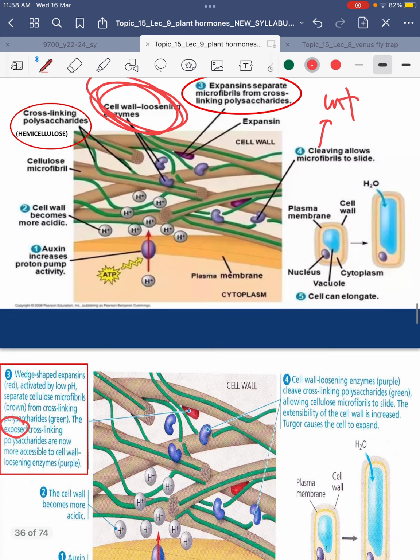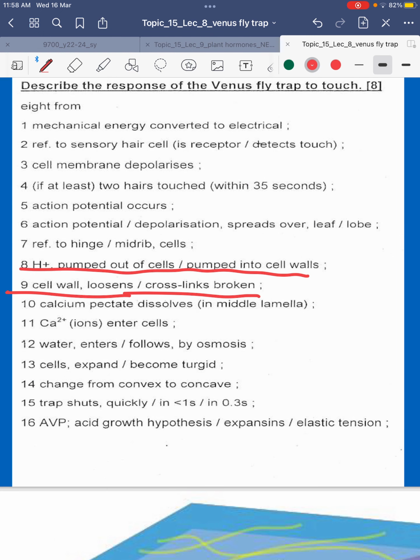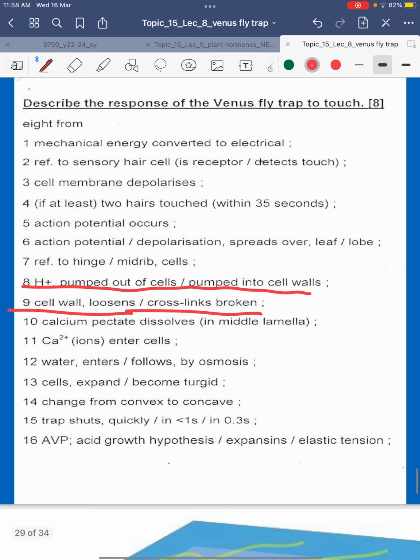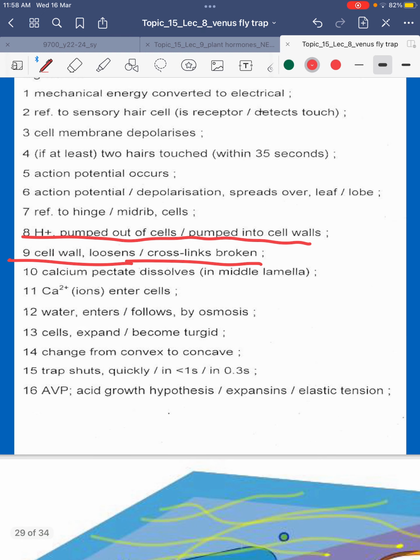Yeah, but there are lots of similarity between the two, only minor differences. For example, in the Venus flytrap, it is the entry of calcium, the influx of calcium, and then action potential occurs, and then it starts to pump the proton into the cell wall. And then the same thing, the cell wall cross-link loosens, and then will eventually be broken.